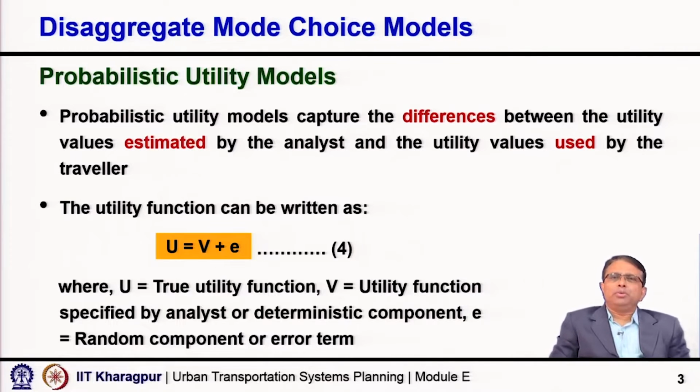So, you now have a utility function which is a random variable, which includes a deterministic component which the modeler can quantify and get a value for, and an error term which is again a random component. So, the whole utility is no more a deterministic part, but becomes altogether a random variable.